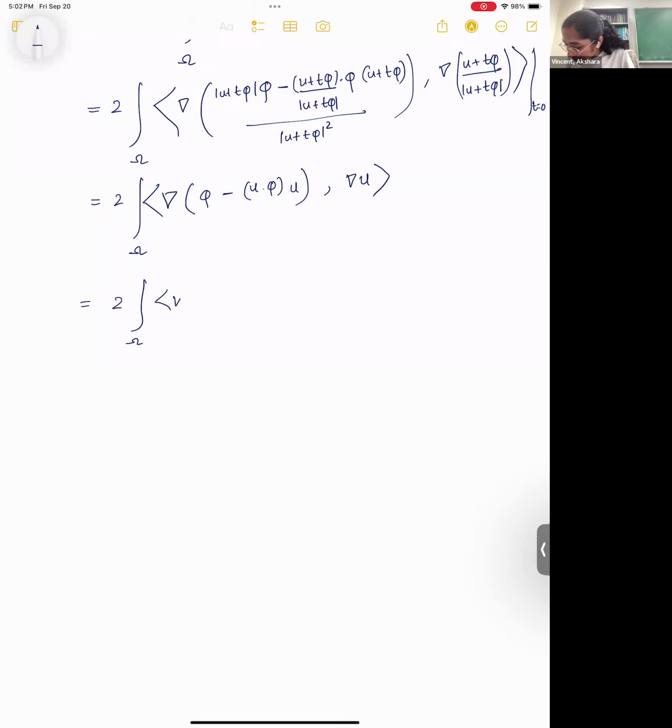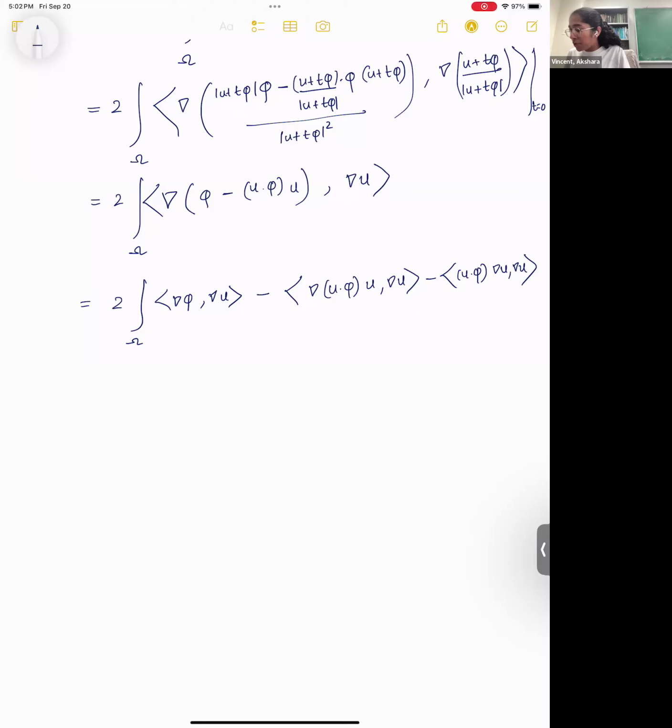The first one is gradient phi, gradient u. And the second term is minus the gradient of the second function, which is gradient of u dot (u dot phi) u, gradient u, minus u dot phi, gradient u, gradient u.